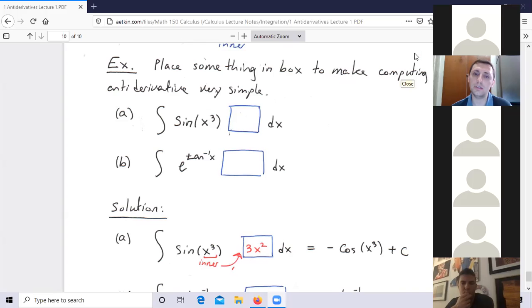And then what's the integral? Yes, Muhammad, but what's the integral as well? You can write it in one line, what you place in, and then what's the antiderivative.